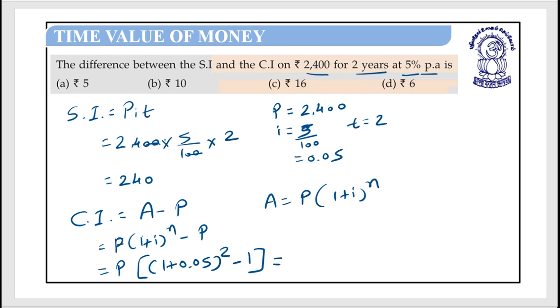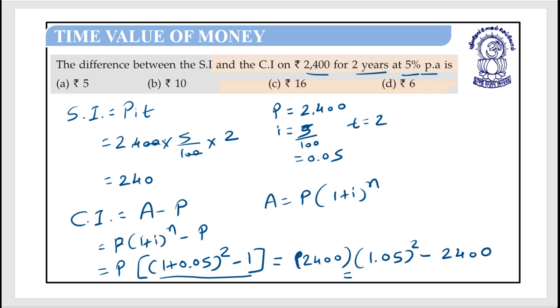Put the value of P here. Value of P is 2400 into 1.05 square minus 2400.